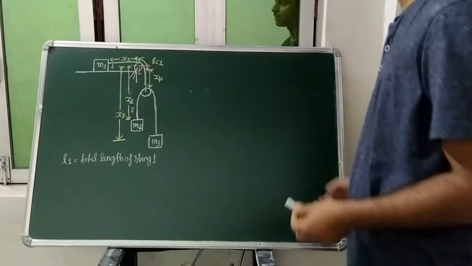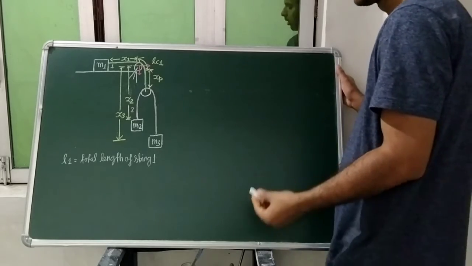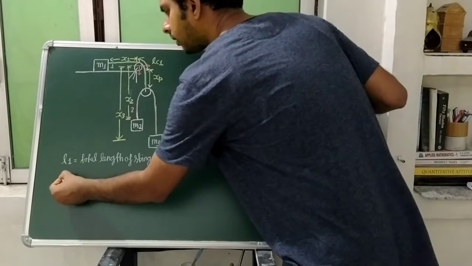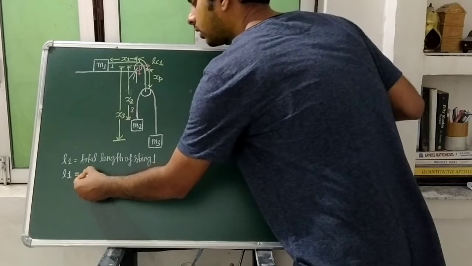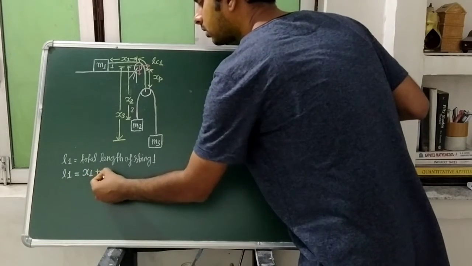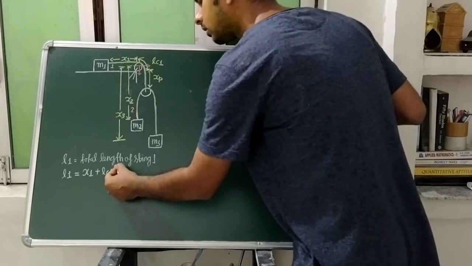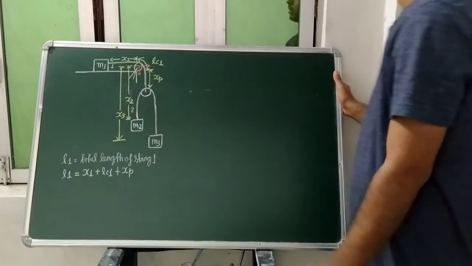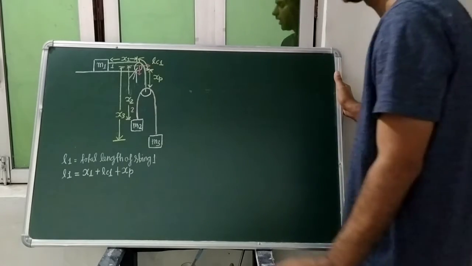So L1 is the total length of the string 1, and L1 will be equal to x1 plus LC1 plus xp. Isn't it, students? And right now I am not differentiating it.